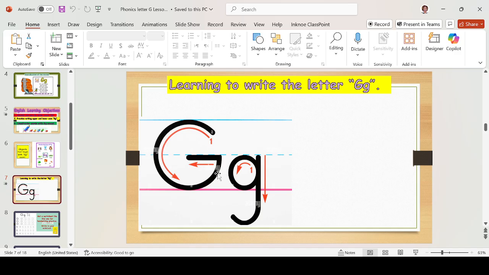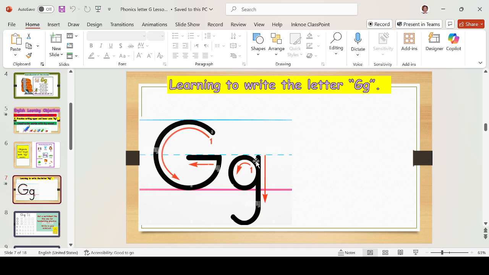You go round and round, and then when you reach the middle part of your lines, you draw a straight line going inside, okay, like this. Let's do together like a circle, then we write a straight line. Very good. You can pause the video and practice one more time, and when you are done, you come here.